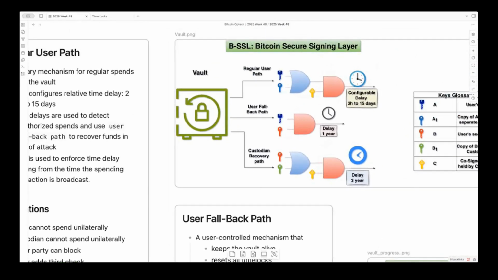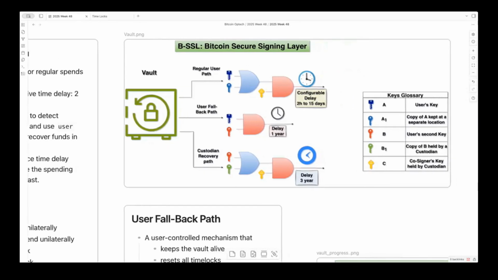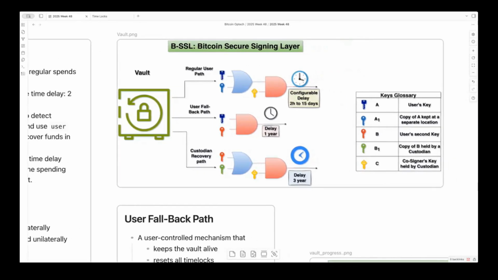Actually, no. I was a little confused. So, if your key is compromised and the custodian colludes with the attacker, then this path will obviously go through.